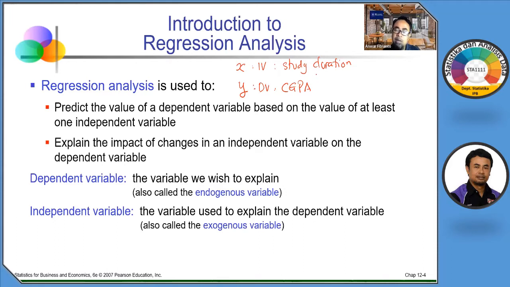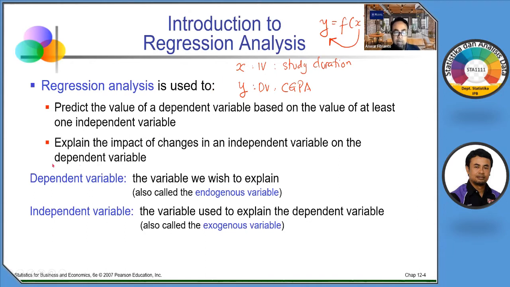If you put it the other way around, even though mathematically you are able to calculate, the interpretation will be wrong, right? So we say that Y is a function of X. It means X has influence on Y. This is linear regression analysis.